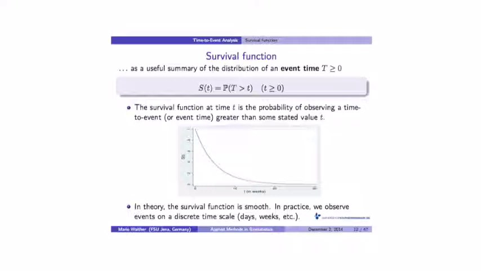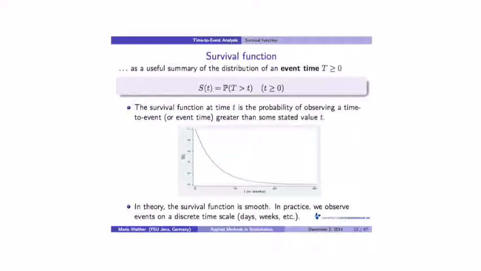Here, for time-to-event data, we have a special distribution that's called the survival function. The survival function is the probability that the event of interest occurs after a given time point t, or that the event time, which is denoted with t, is greater than a given time period t.